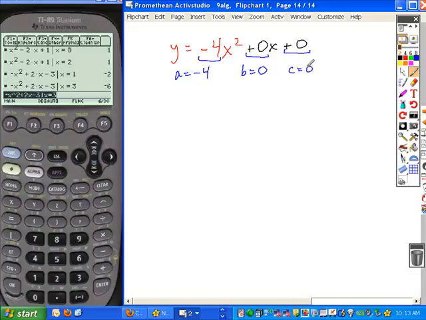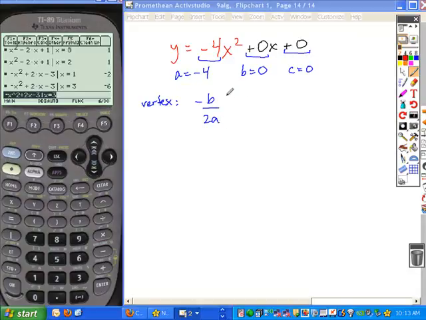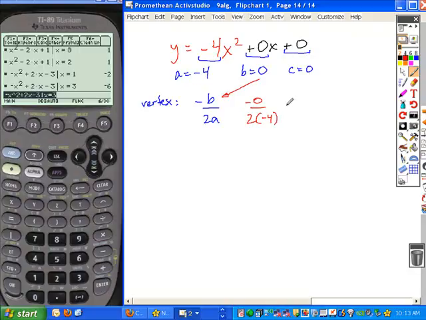Okay, so if you want to find your vertex, you're going to use the form -b over 2a. This is always going to give you the x-coordinate of your vertex. So if we plug this in, our b value is 0, and our a value is -4. So 0 over -8; any 0 divided by any number is always 0. So this is the x-coordinate of your vertex.